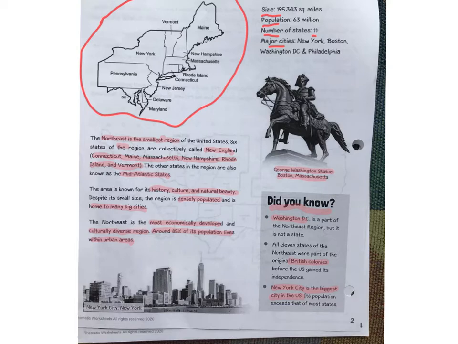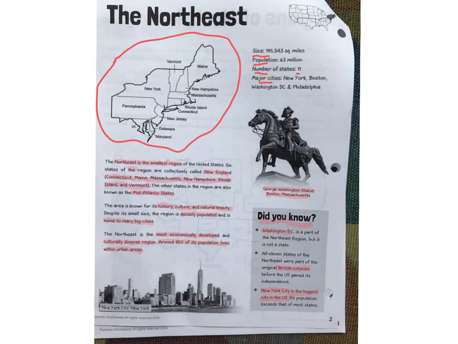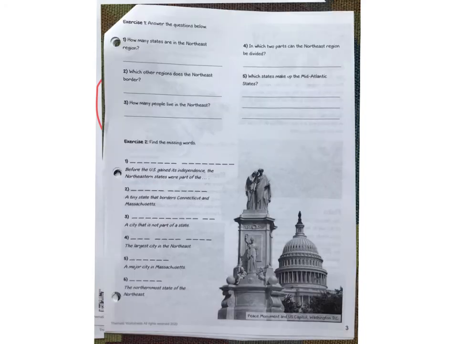So when you get to page 3, you're going to be using the information that we just read about to fill in the answers. So let's go to page 3. All right, so you can see at the top, I'm going to cross out number 5. I'm actually going to, I want you to do number 1 and number 3.